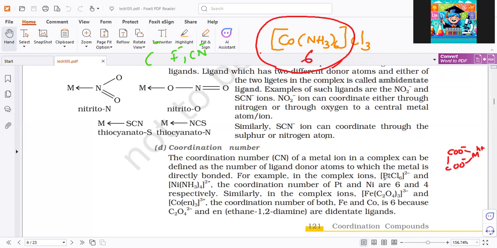We'll take another example, platinum hexachloride ion complex. Here the coordination number of platinum is 6. 6 chloride ions are attached. And for this example of this nickel complex, the coordination number is 4.